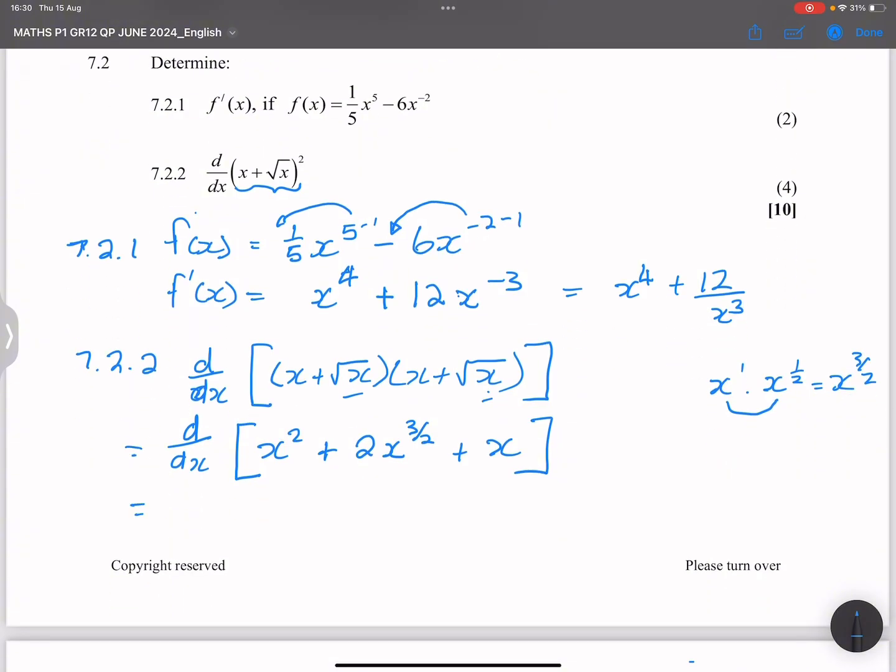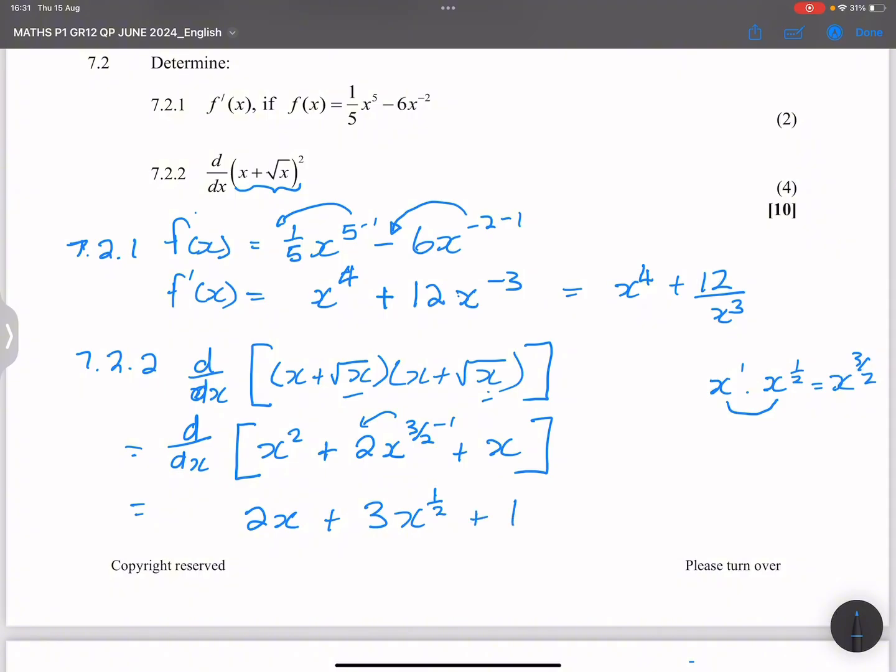So this would give us 2x plus 3 over 2 times 2, which gives us 3, to the power 3 over 2 minus 1, which gives us 1 over 2, and plus 1.